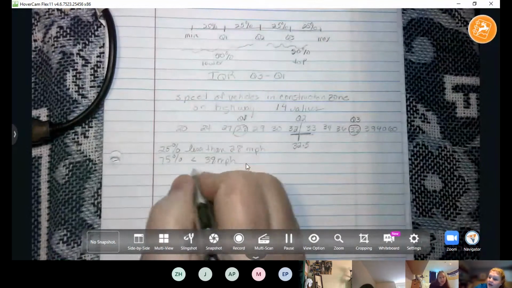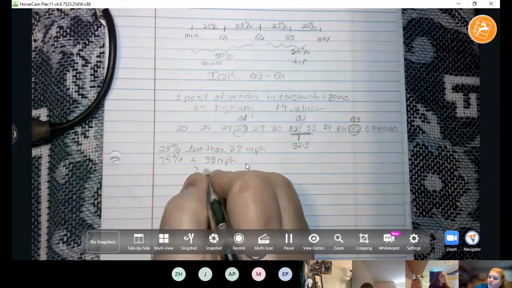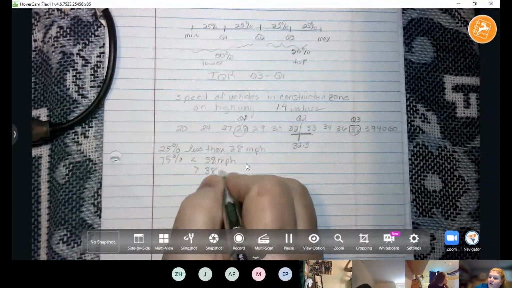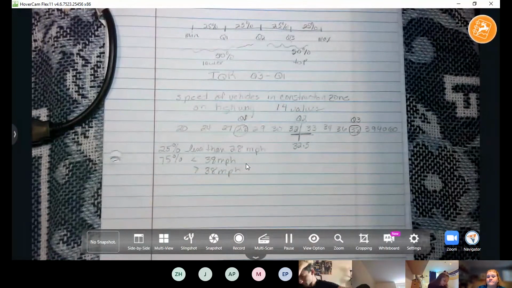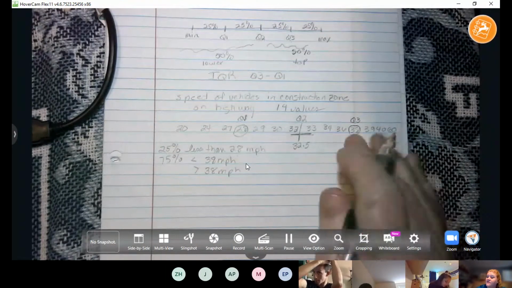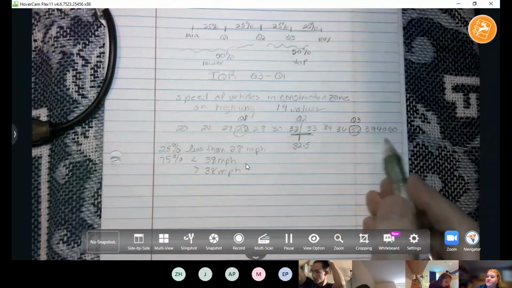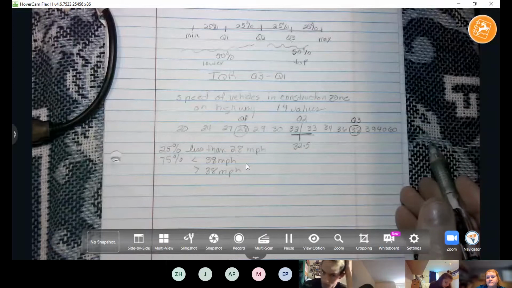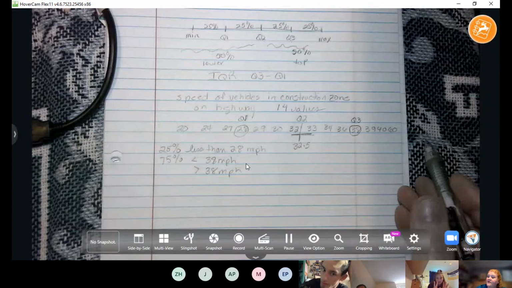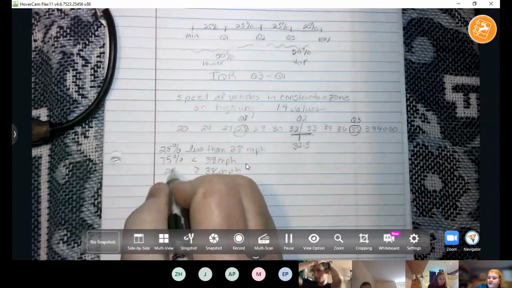If we turn that around, what percent would be greater than that? So what's on the other side? What percentage is greater than that? 25%.